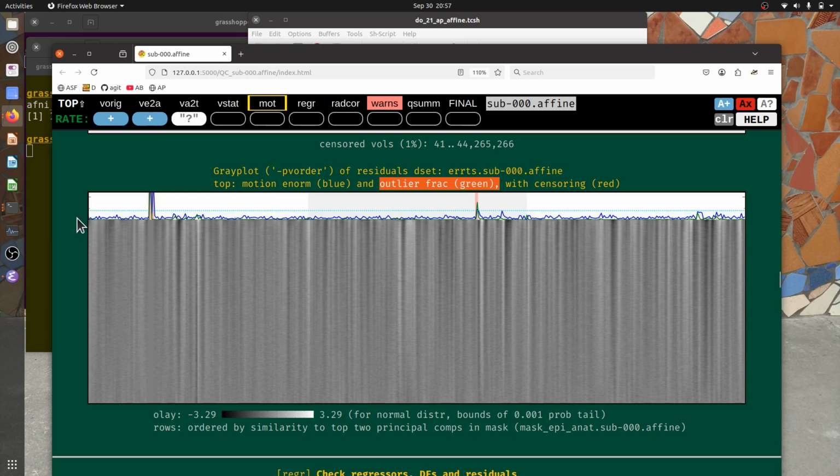And what we've done is essentially stacked all the time series, so let's say 50,000 voxels across the brain are all represented here row by row. How are they ordered? The spatial ordering within the brain doesn't matter, as it's mentioned here. This is using the PV order, or the principal vector order, so they are stacked by relative similarity.